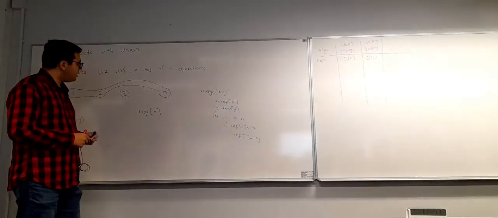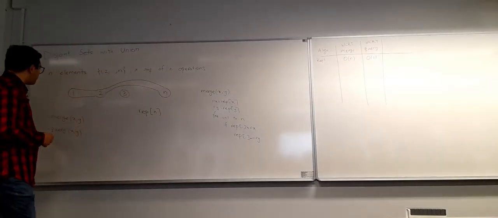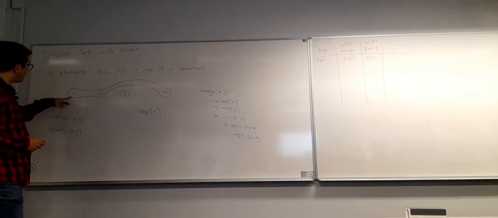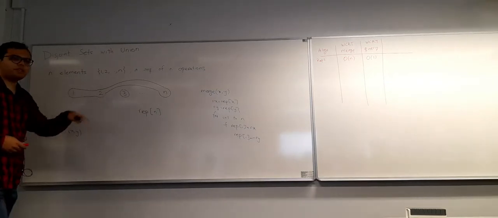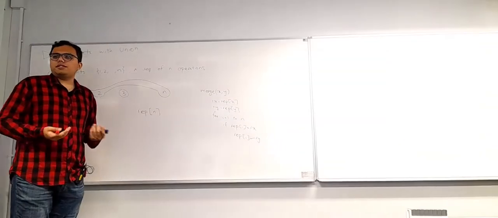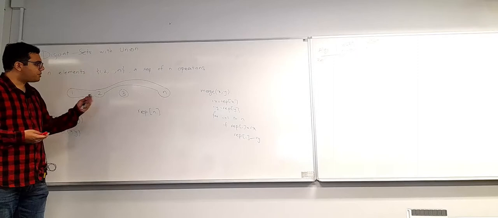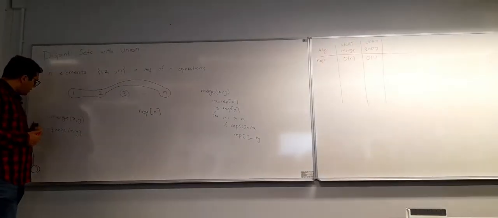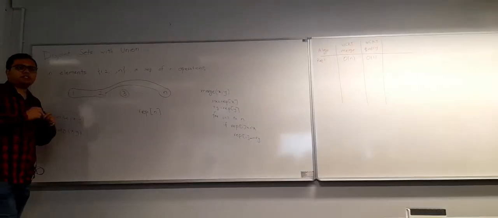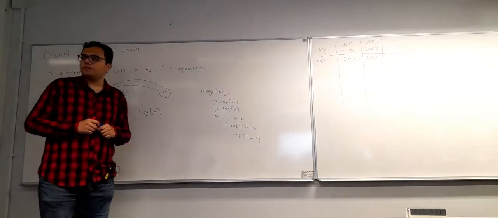Now, if you think of this, we can just assume that our elements, the elements 1 to n, are just vertices of a graph. So if I have a graph with vertex set 1 to n, then whenever I do merge x, y, I can just add an edge between x and y.